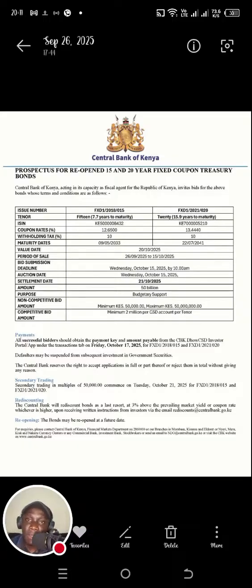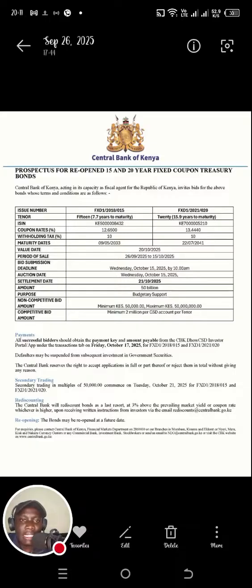If you check last week's auction, the interest rates for treasury bills are between 7.9% for the 91 days and 9.5% for the 364 days. That is the current interest rate you can get from government securities. So getting a bond that is giving you 13.44%, we can still consider that a good deal.